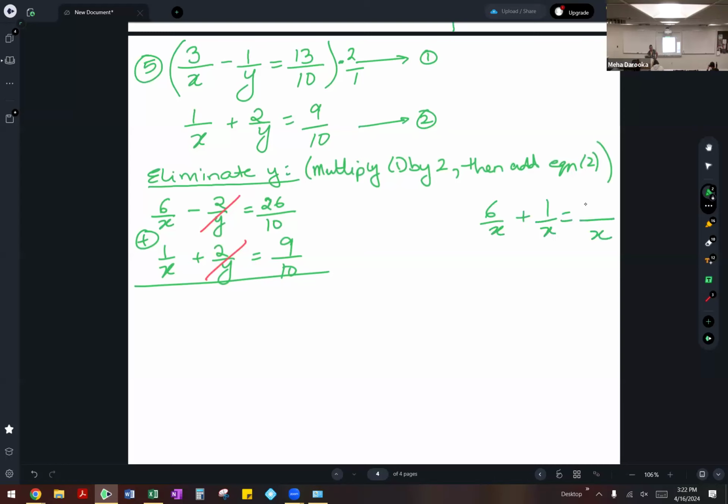You have the same denominator, so you're just adding 6 plus 1, which will make it 7. So this will become 7/x. y, of course, got canceled out. On the other side, you have 26/10 being added to 9/10. Same denominator, keep the 10. And what's 26 plus 9? 35.